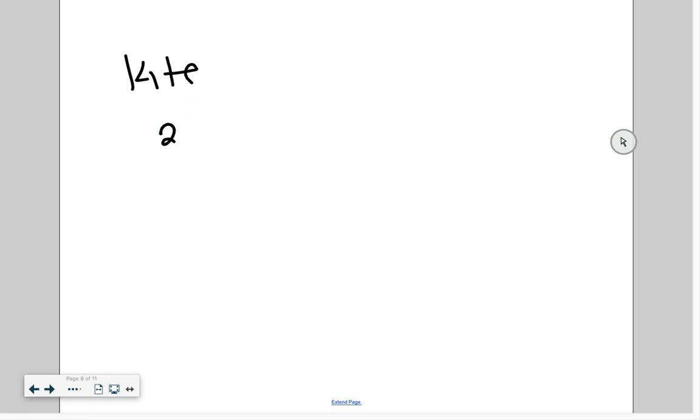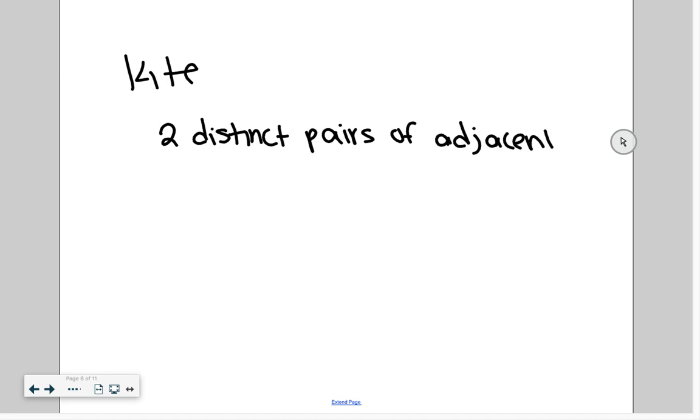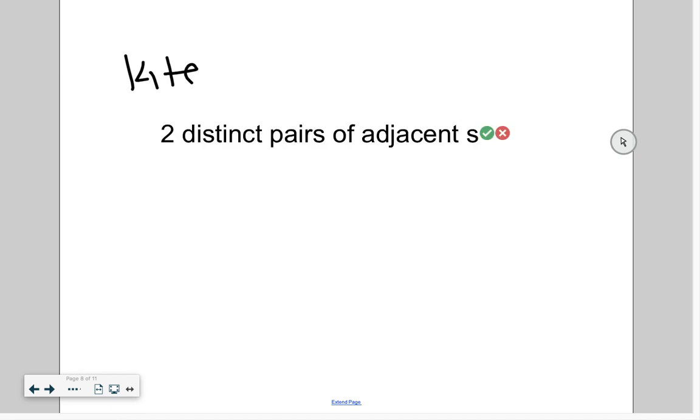It has two distinct pairs of adjacent sides. That's the first main characteristic.